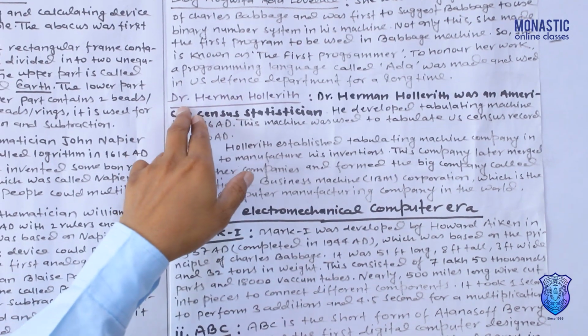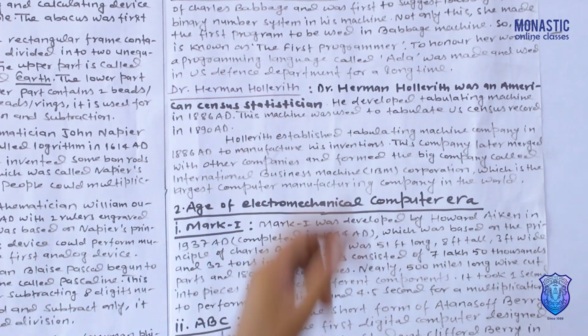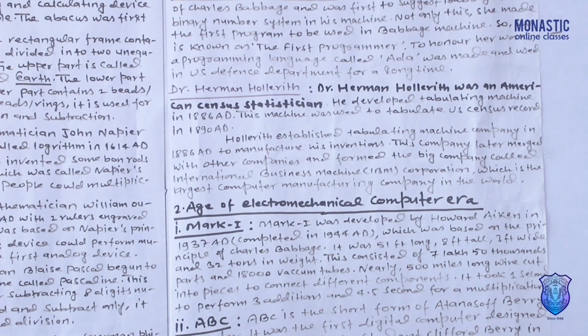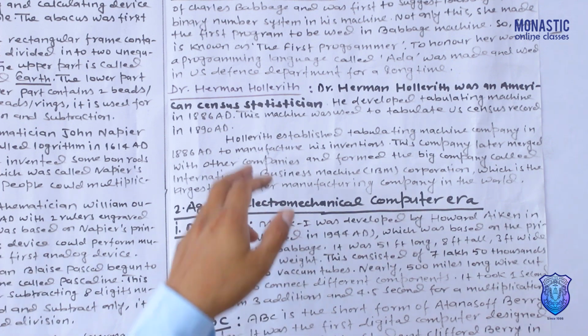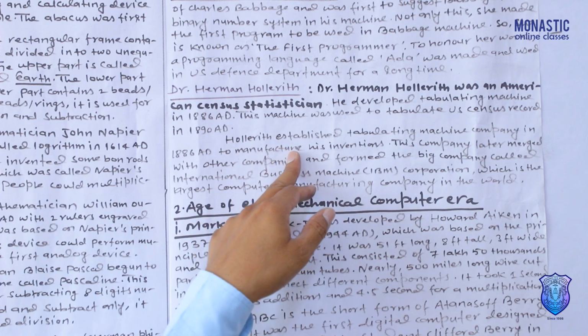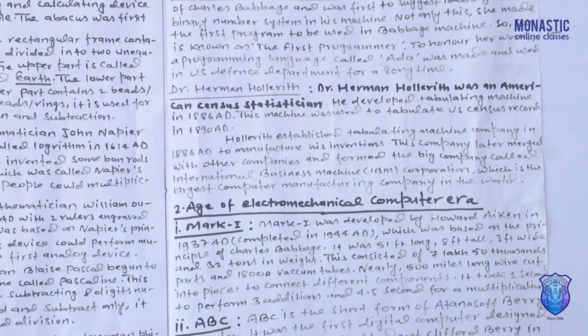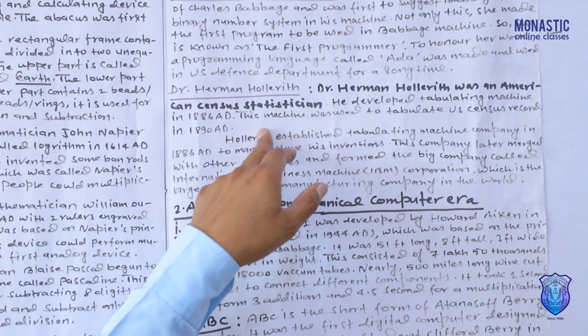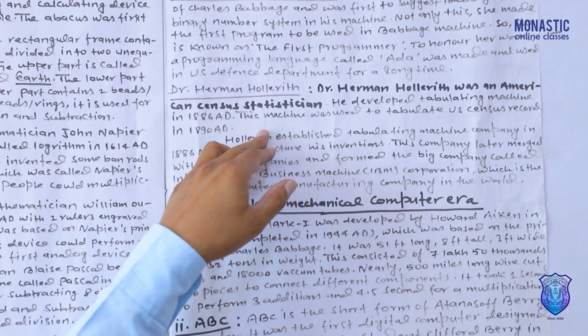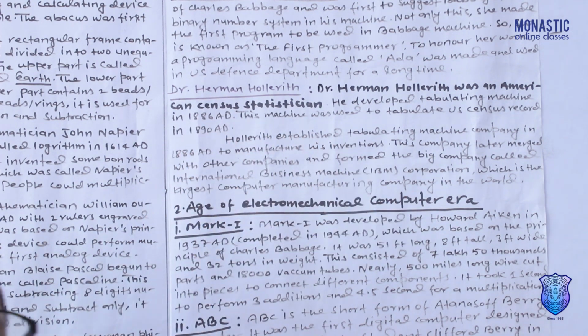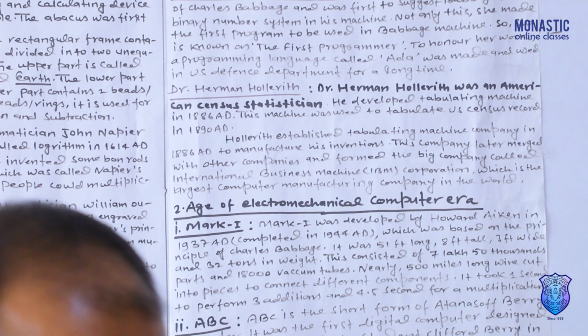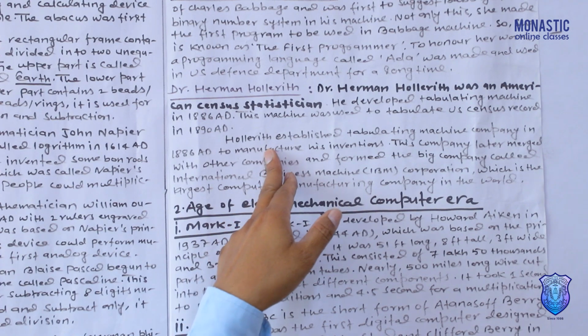Next one is Dr. Herman Hollerith. Actually, Dr. Herman Hollerith was an American census statistician. He developed a calculating machine in 1886 AD, and that machine was used to tabulate the US census record in 1898. He established a manufacturing company, the Tabulating Machine Company, to manufacture his invention.